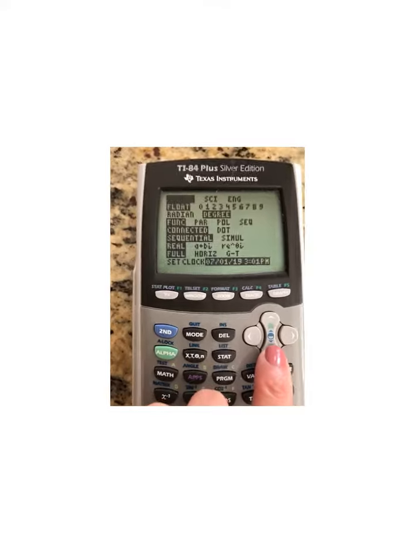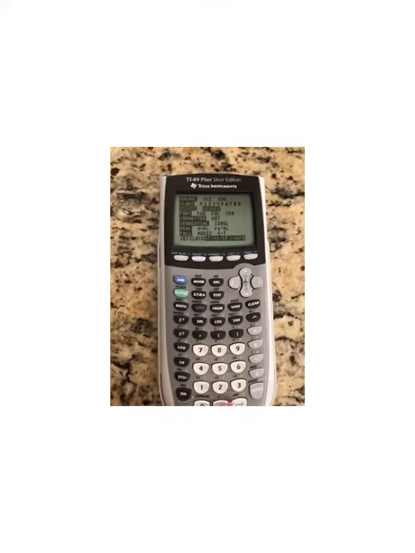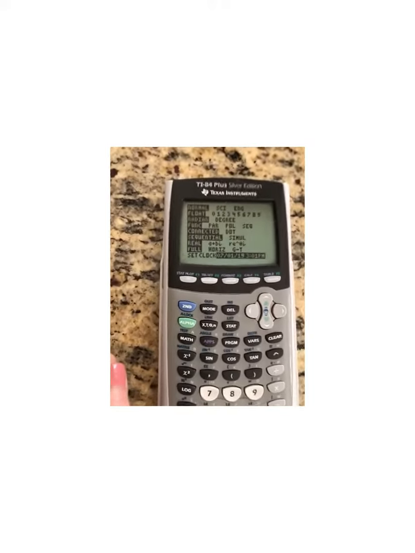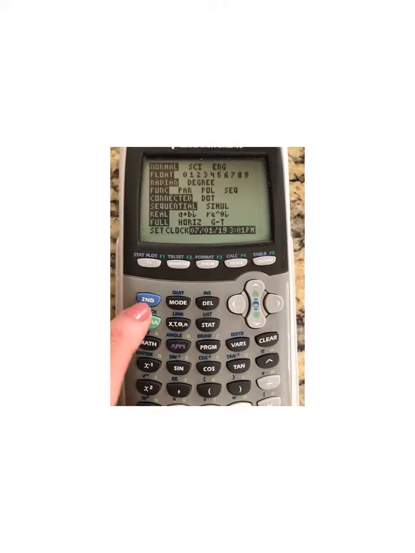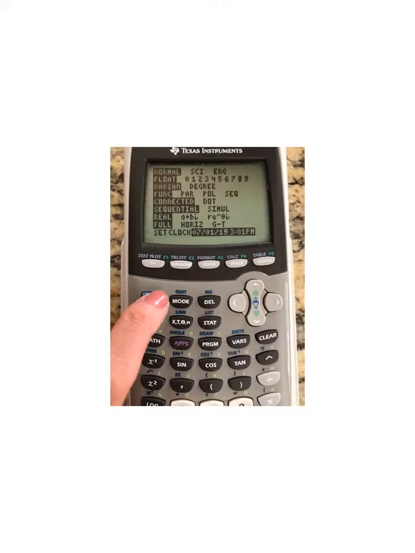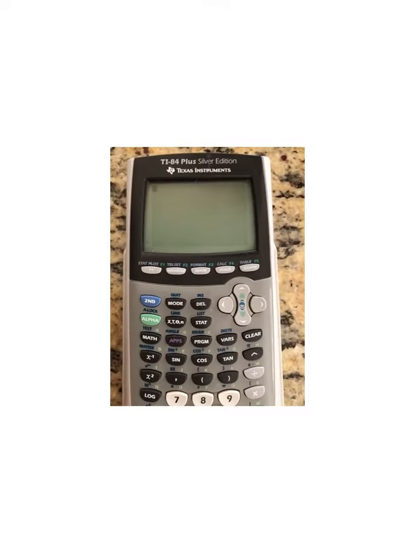So I want to compute in terms of radian measure, so I'm going to highlight this and then hit enter. Okay, now how do you go back to the main screen? You go second mode or quit, and that should get you back to your main page.